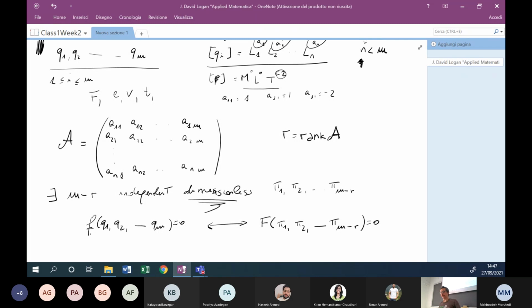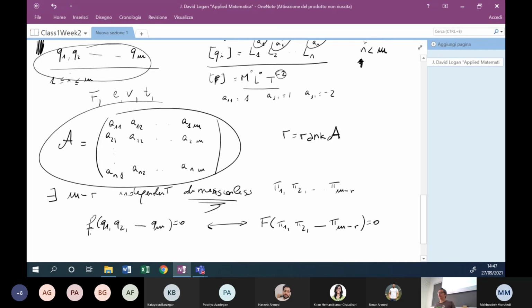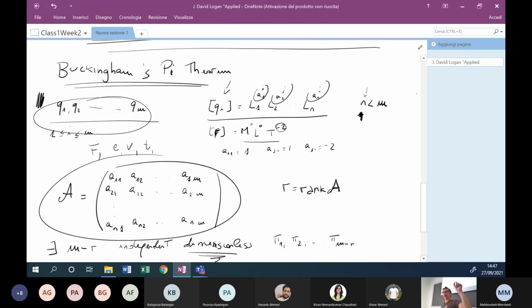Should I repeat? I will repeat. So again, the idea is I'm starting with m independent variables, which are dimensionful. I take the matrix of the exponents of the dimensions of each of these variables.